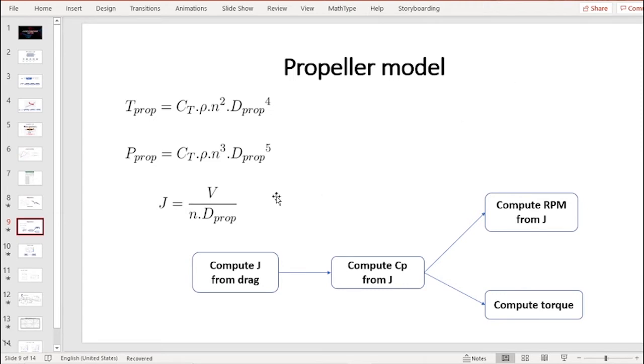Another important term here is the advance ratio, which is a performance parameter that's related to the propeller. You can compute the advance ratio as the airspeed of the UAV divided by the product of the RPM and the diameter of the propeller.